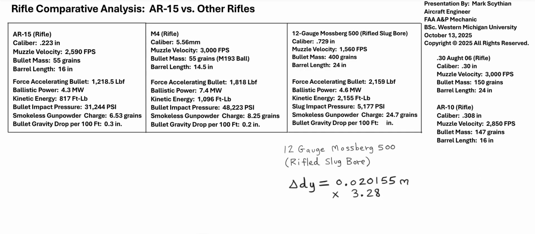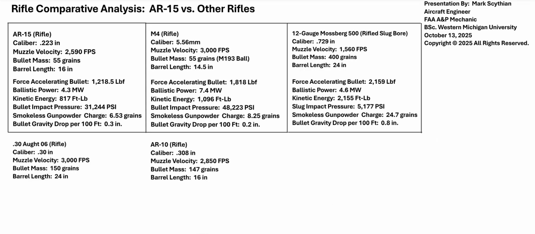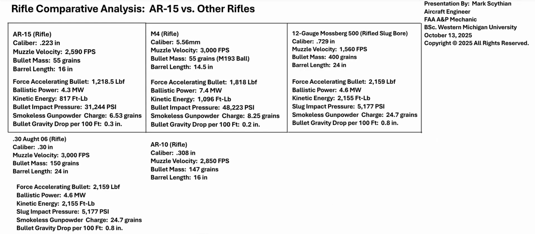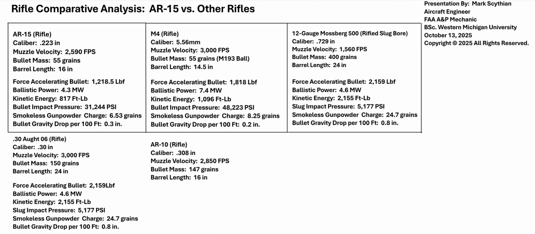So it ends up 0.8 inches per 100 feet of travel is the gravity drop on the slug for the 12 gauge Mossberg 500 carrying the 400 grain round on average 1560 feet per second. So the last two will do the calculations, and I'll put the format track here.